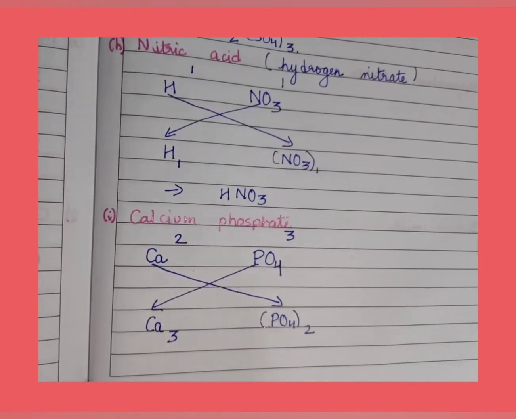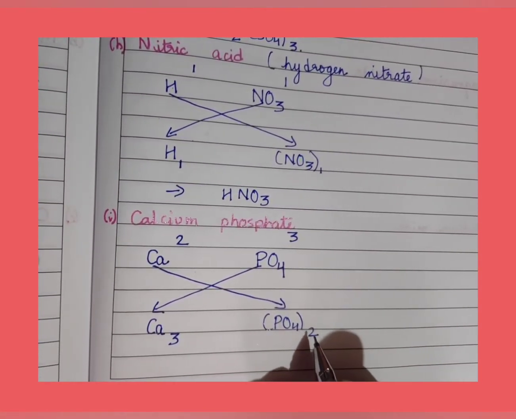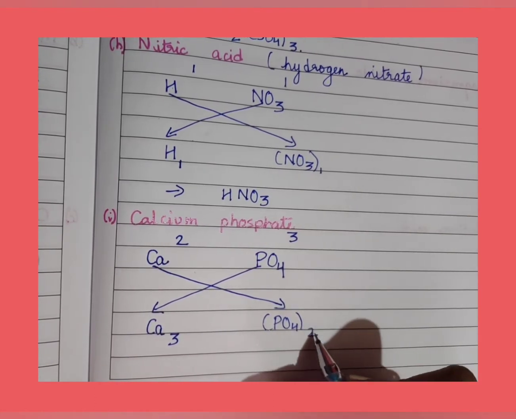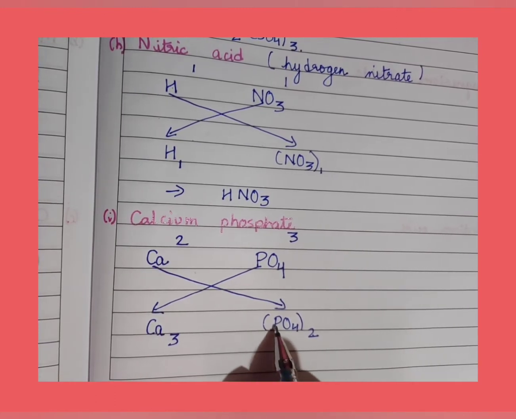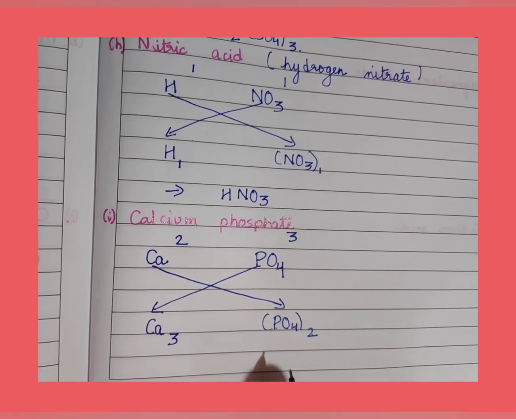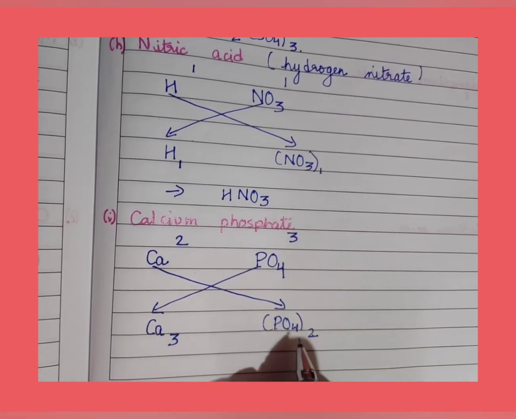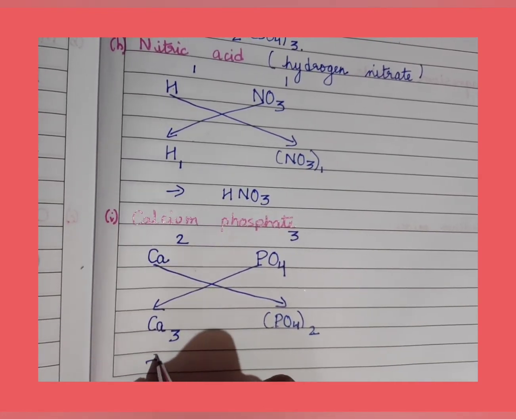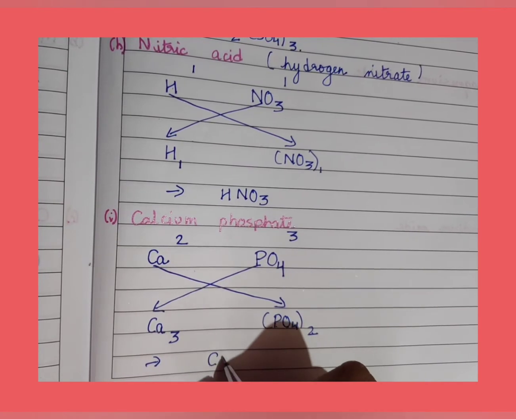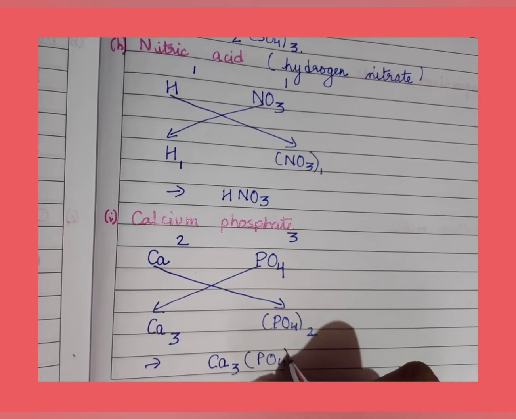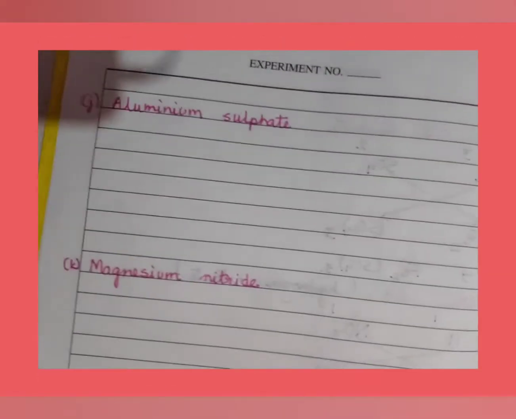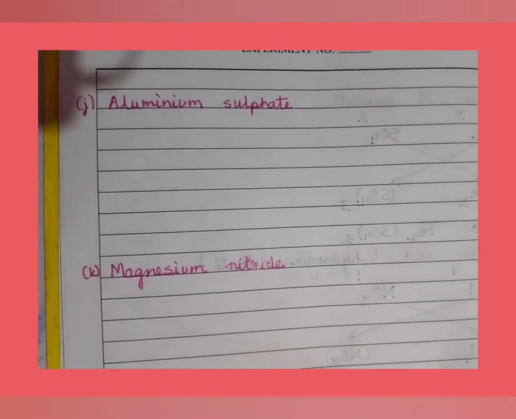Now most of you make a mistake out here. Some of you cancel this 4 and 2. You cannot do that. Always remember that this is a polyatomic ion. It acts as a single unit, so you cannot take the common factor from here. So the formula will be Ca3(PO4)2.